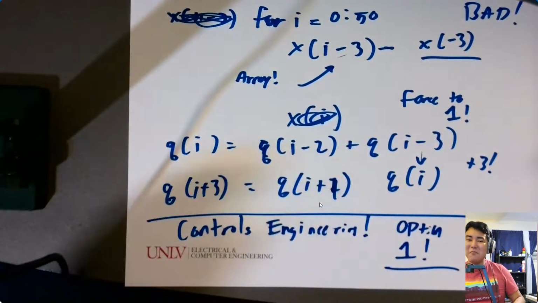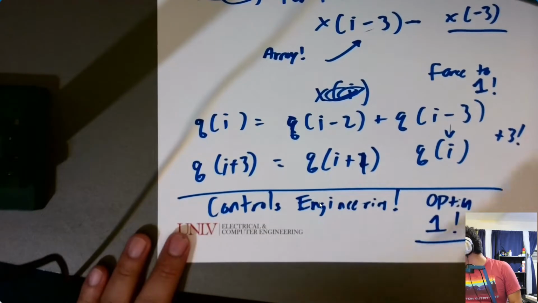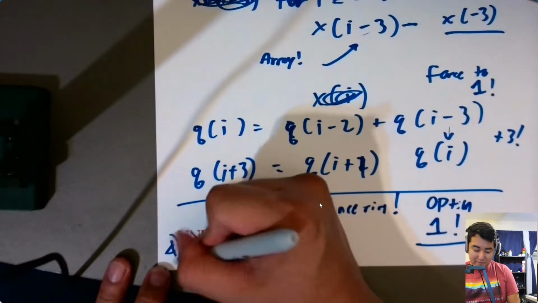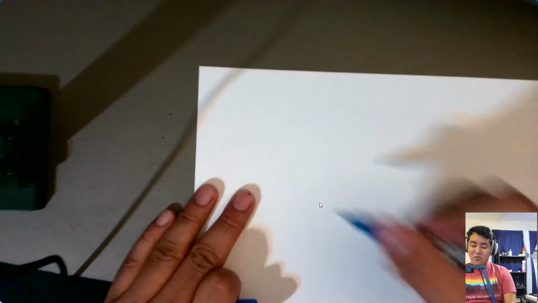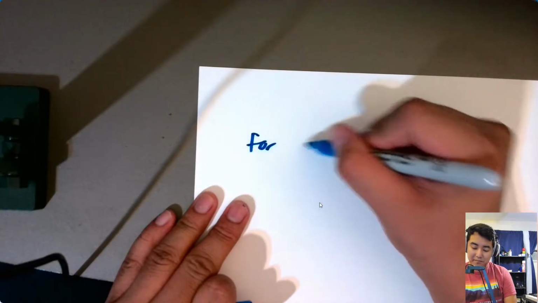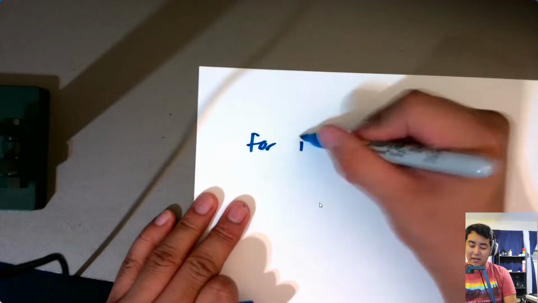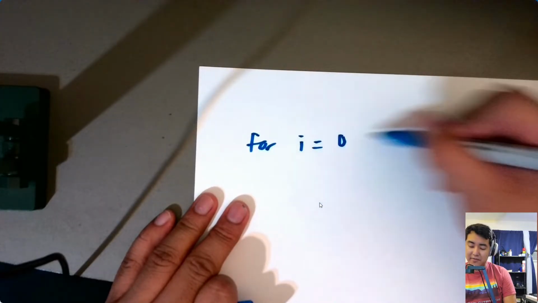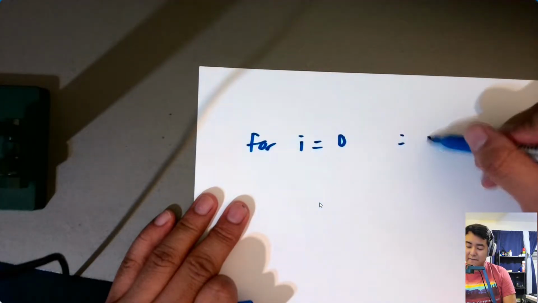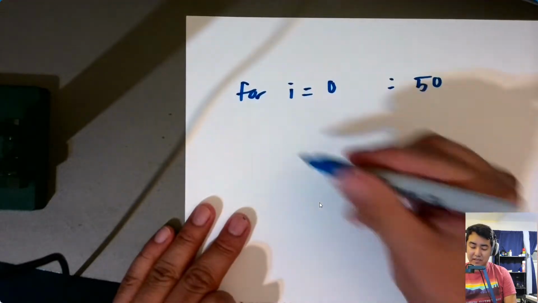Okay, but I'm going to show you option 2. This is page 4. Option 2, where we have the for loop. i is equal to 0 to 50.